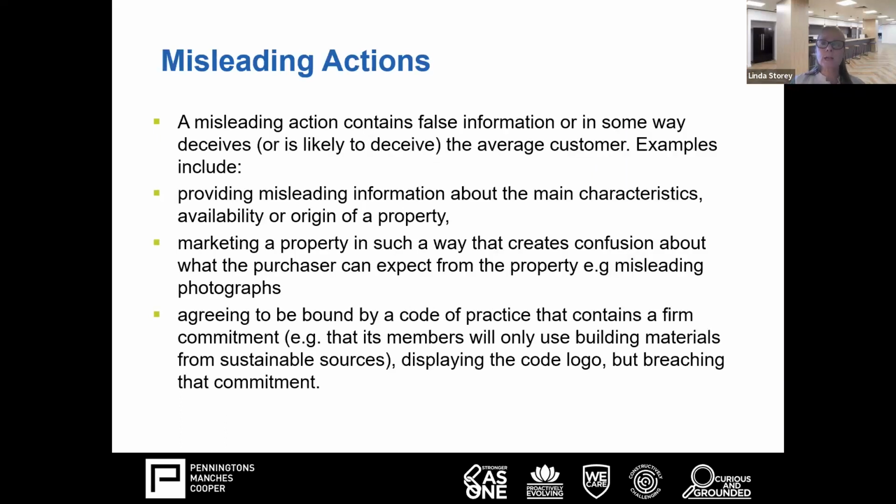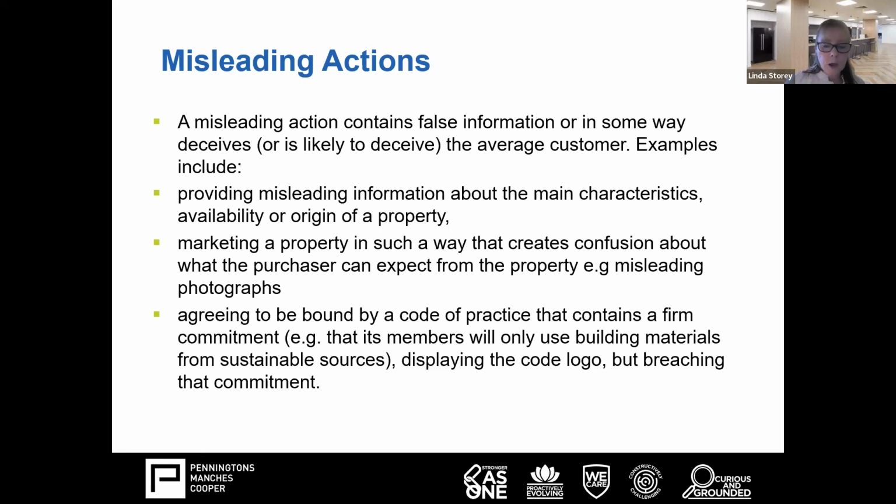Now, misleading actions was one of the other prongs that we saw. And a misleading action is something, obviously, that is done that contains false information or in some way deceives or is likely to deceive the average customer.